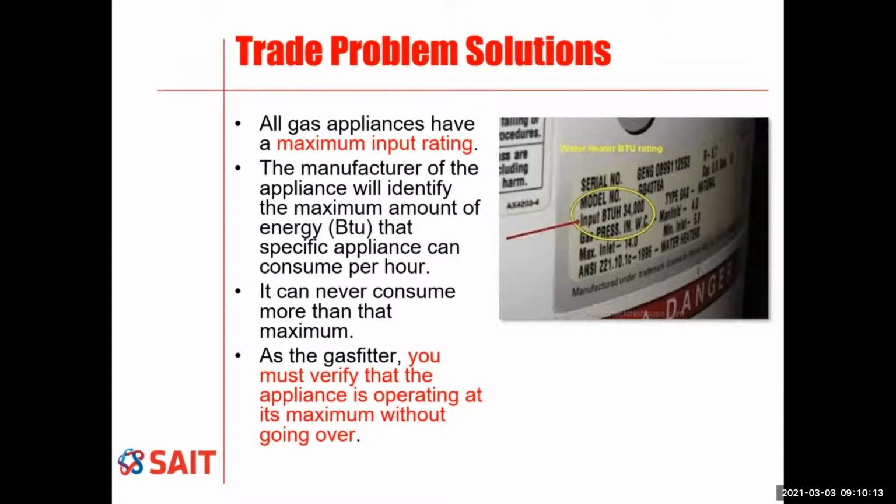So part of our job when we install an appliance is that we must verify that this appliance is burning that input value. As you can see in this little picture, it says input BTUH 34,000. So that is the maximum input that this appliance is allowed to burn. And we never want to go over that, ever.